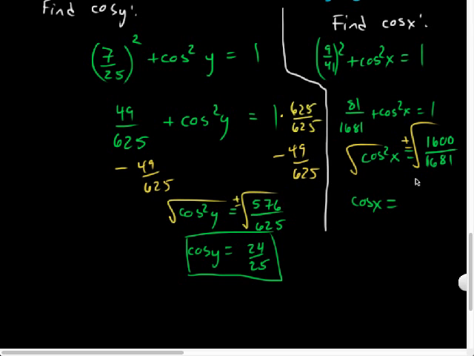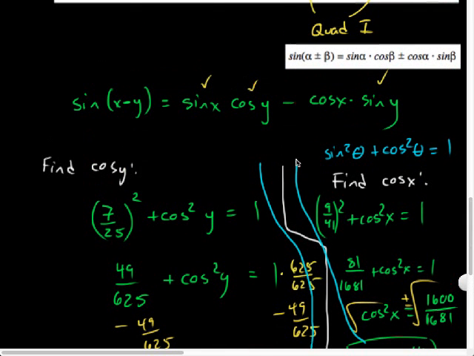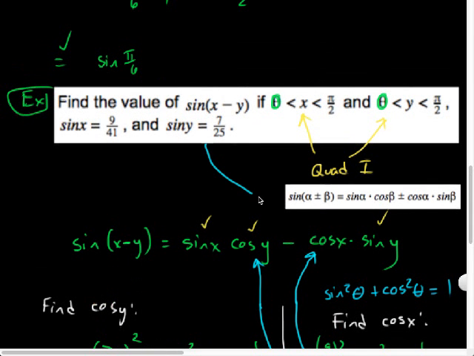Square root of 1600, I believe, is 40/41. So now what do I do? I'm just going to plug all of these guys into their respective locations in this formula. Let's see, so cos x is going here, cos y is going there, all right, sine is going here, and sin x is going here.